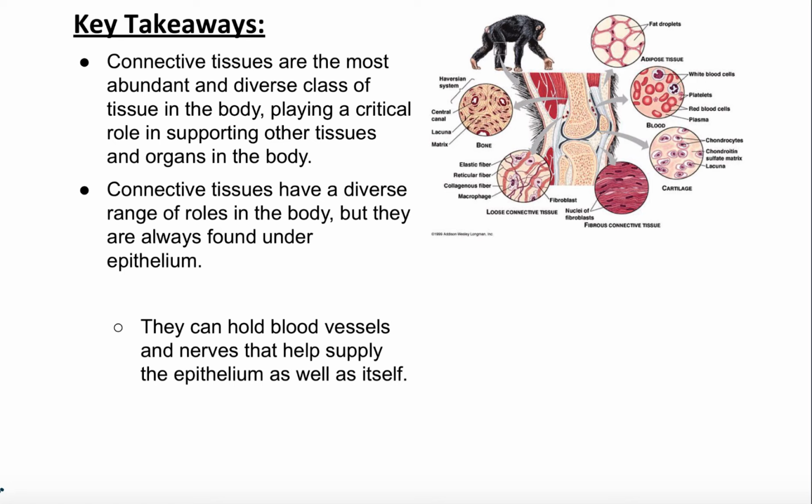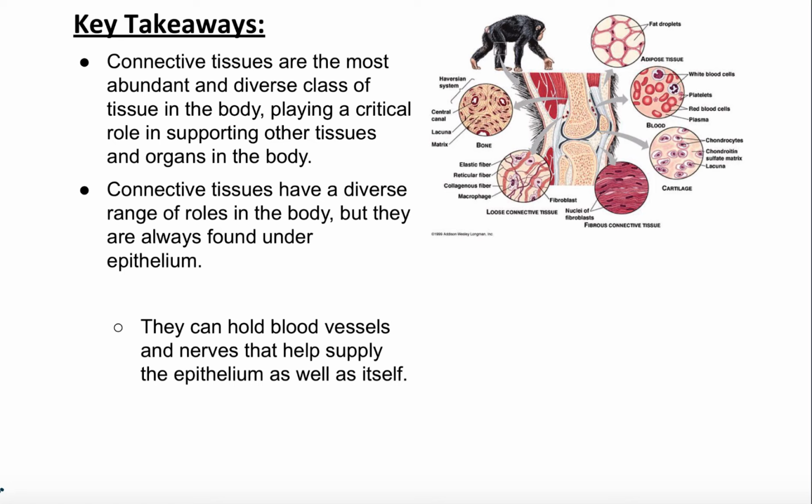Because they're so diverse, they fulfill a diverse range of roles in the body. But ultimately, there are a few things that all connective tissues have in common. One, they're never the closest to the surface, to the outside. There's always a layer of epithelium between connective tissues and the outside.